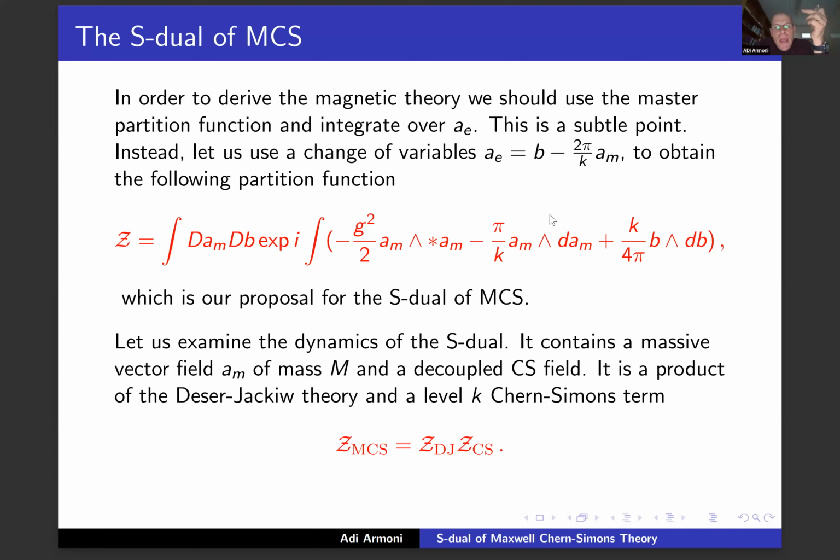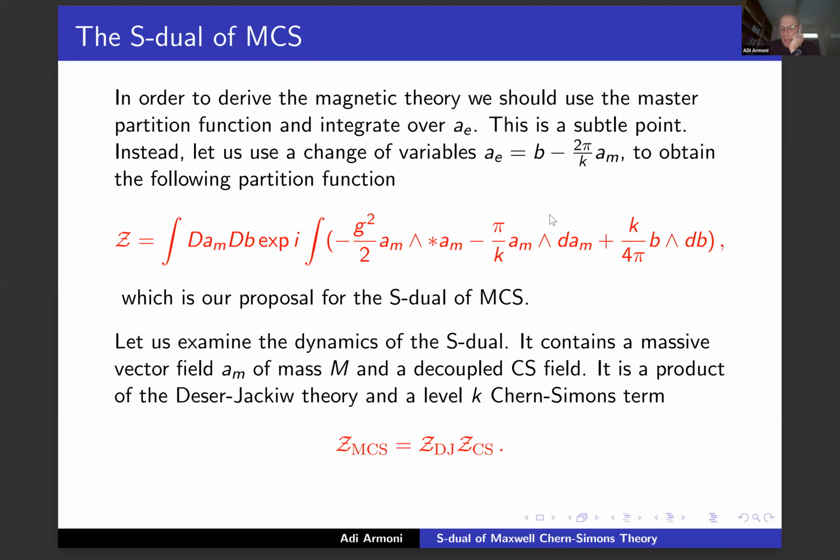So the claim that I wish to make is that the partition function of Maxwell-Chern-Simons is equal to the product of two partition functions: the partition function of Deser-Jackiw times the level k pure Chern-Simons theory.